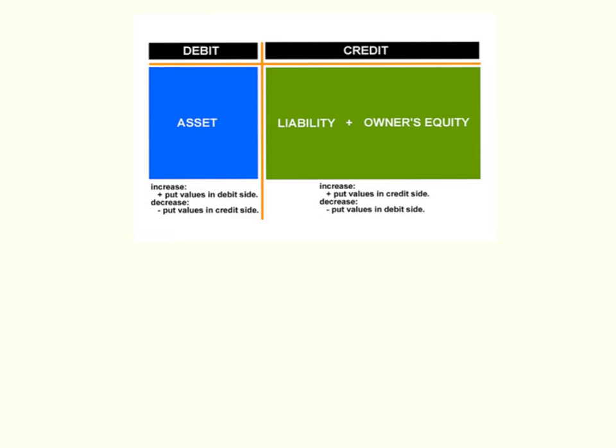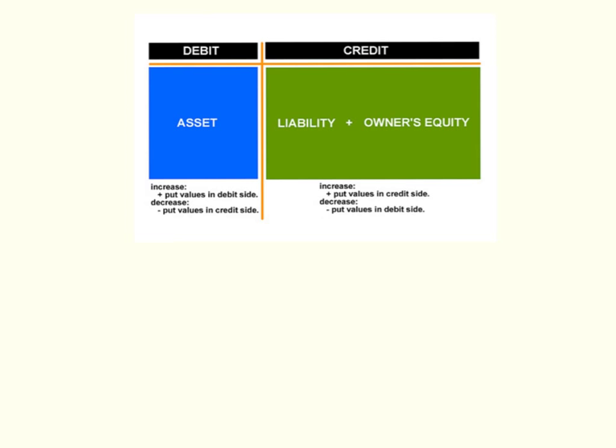To decrease or subtract, you would use the credit side of the account. So again, to increase cash, it's on the debit side. To decrease cash, it's on the credit side.